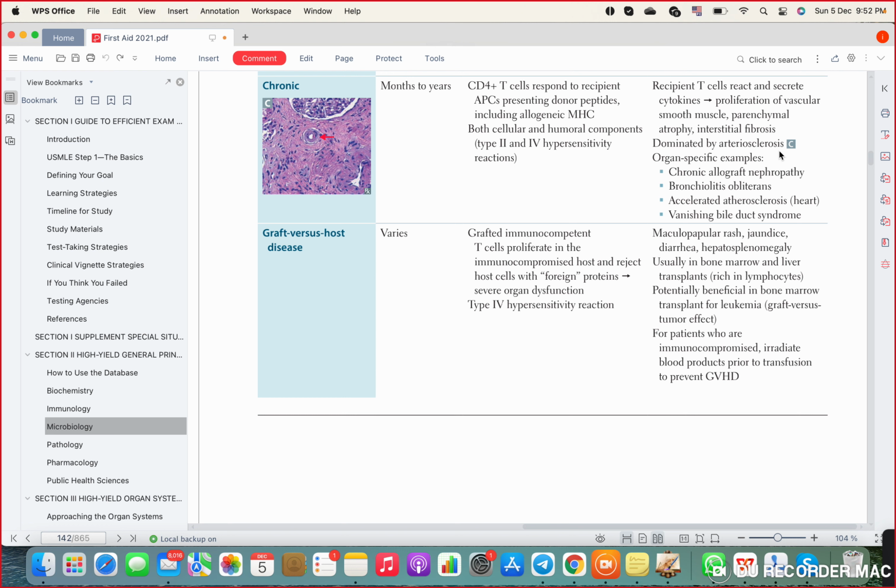Arteriosclerosis, arteriolosclerosis. Okay, and arteriolosclerosis has two types. What are they? Atherosclerosis? No. Hyaline. Hyaline and hyperplastic.